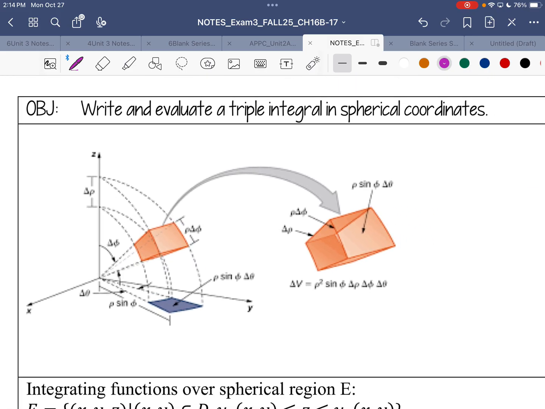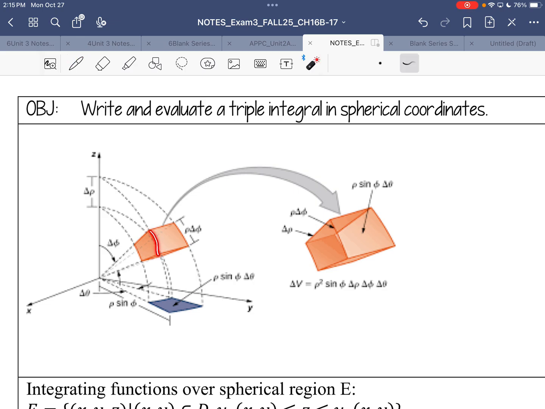Just like most other things when you've been dealing with integration, like in Calc AB, you were doing the rectangles, and then we learned in polar that it's more like a wedge that you're dealing with, and now we're into three-dimensional shapes.